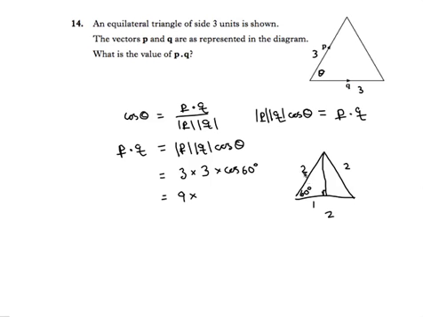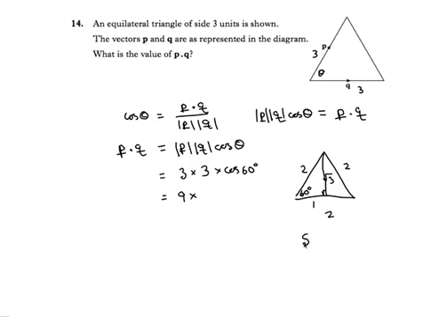That's 1. That's 2. Pythagoras would tell you that this side was the square root of 2 squared minus 1 squared. That's the hypotenuse there. So 2 squared is 4, 1 squared is 1, 4 minus 1 is 3, square root of 3. So that's the basic diagram that would allow you to get the exact value of cos 60.